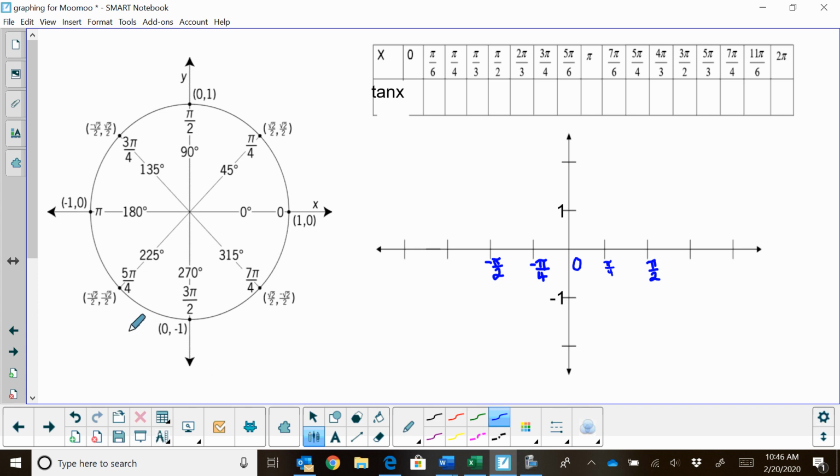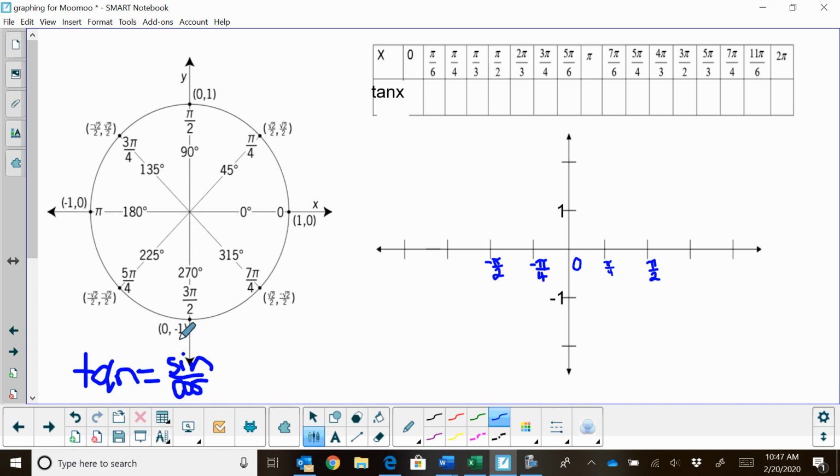of tangent. Now tangent, if you remember, is the ratio of sine over cosine. So we know on the unit circle all the y values are the sine values, and all the x values are the cosine values. So I'm going to write that ratio.